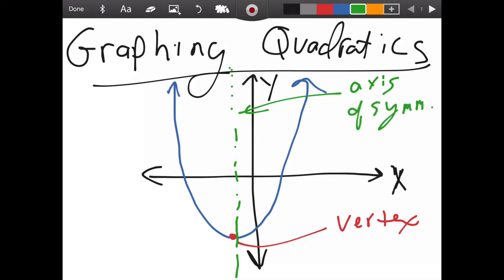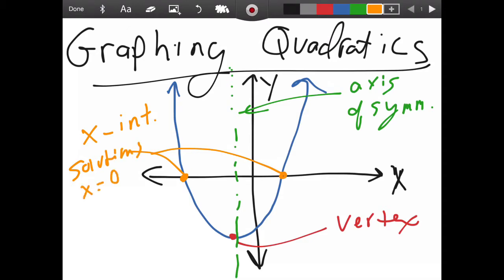Now we have a couple other things here. Here are the things that we solved for the very first day, which are called the x-intercepts. These are actually called solutions, and they're called solutions because y equals 0 on them.